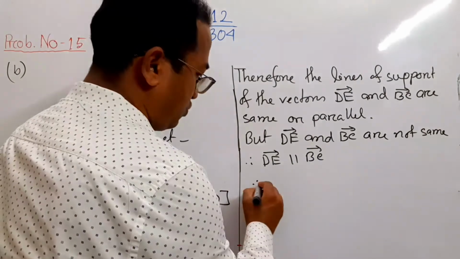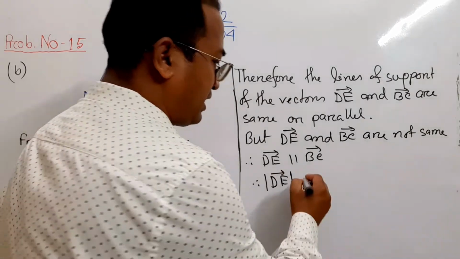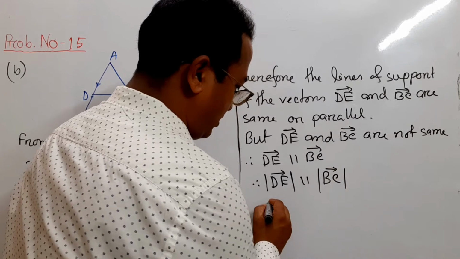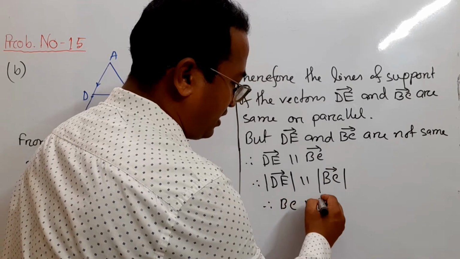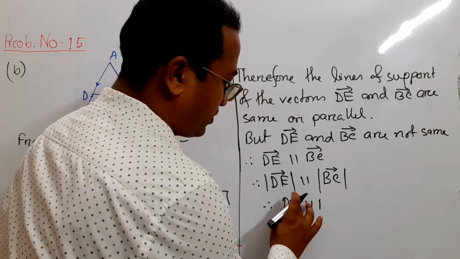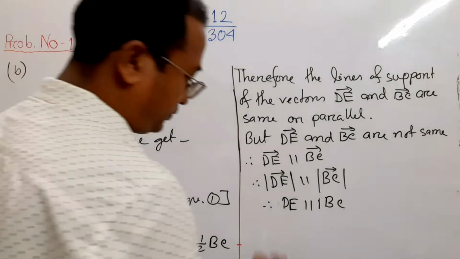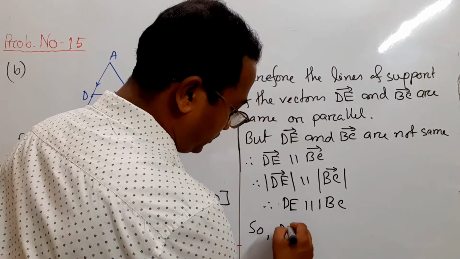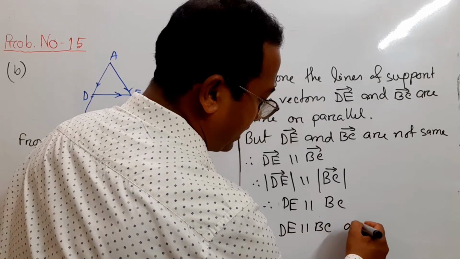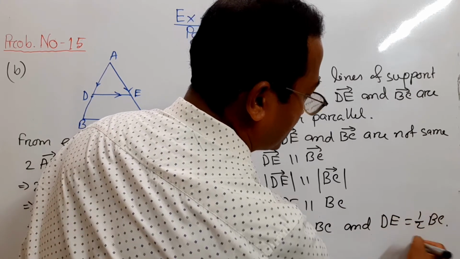So it is proved that DE parallel BC and DE is half of BC.